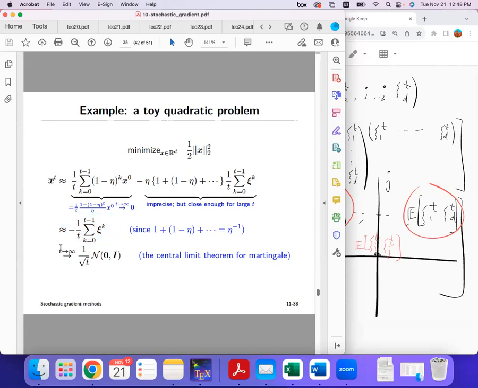And by the central limit theorem, this random variable, as t goes to infinity, behaves like a standard Gaussian random variable divided by square root of t.